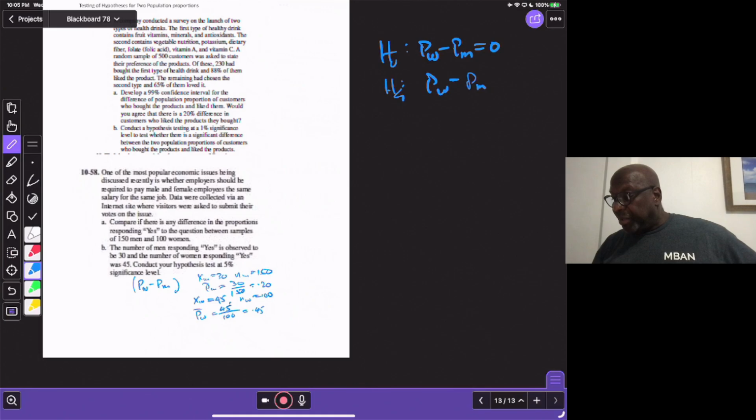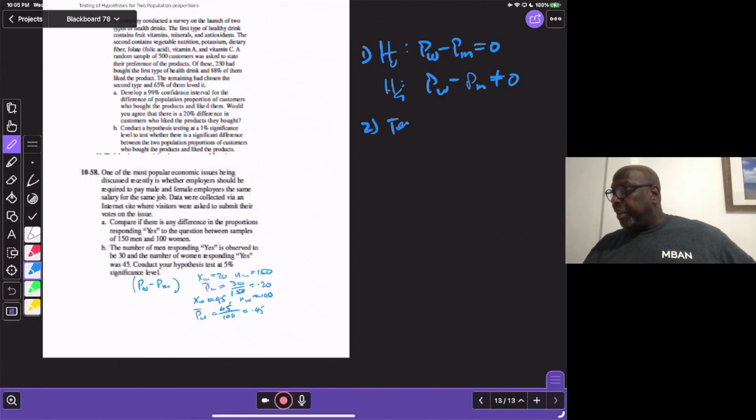Now, I think we've been asked to test whether or not there's any difference. So we're not looking so much for women being higher, we just want to know if there's a difference. So there is a difference between them, which is what we're going to try to prove, versus that there is no difference between them. So that's your hypothesis. It's stated that the proportion of men and women are the same versus they're not the same. All right?